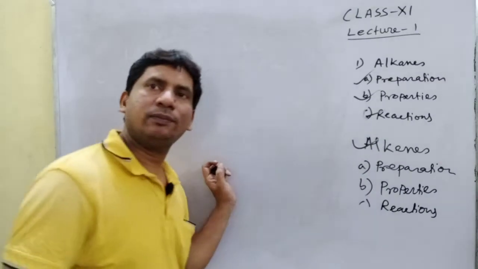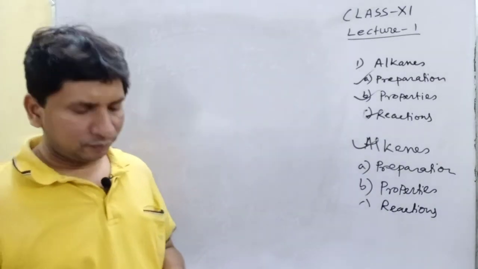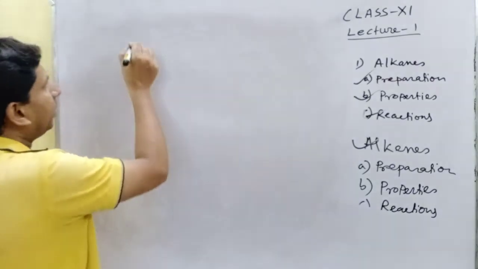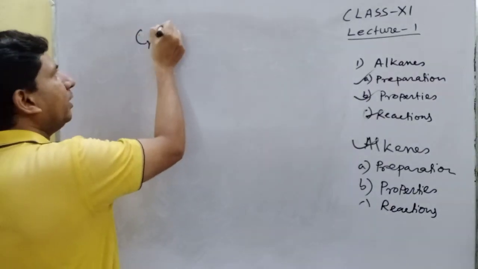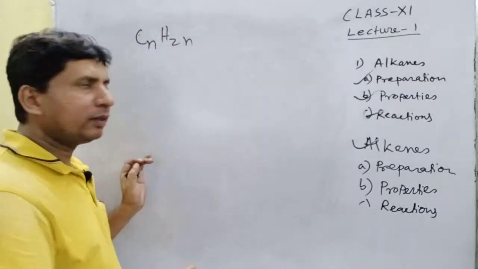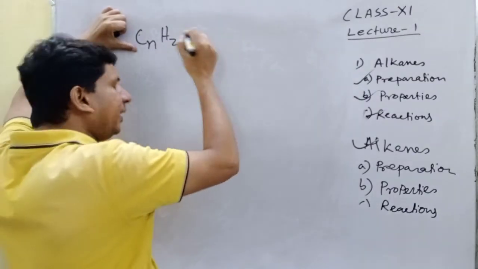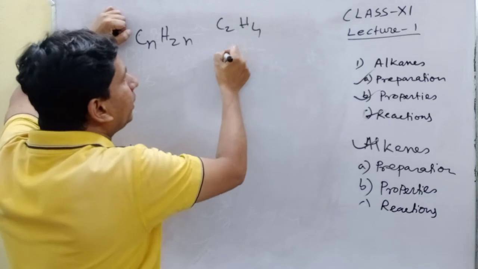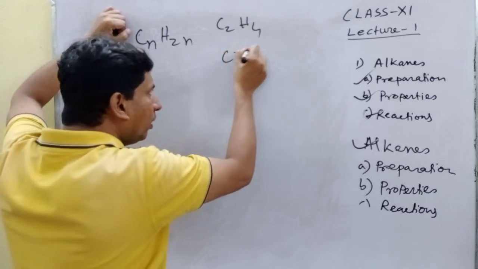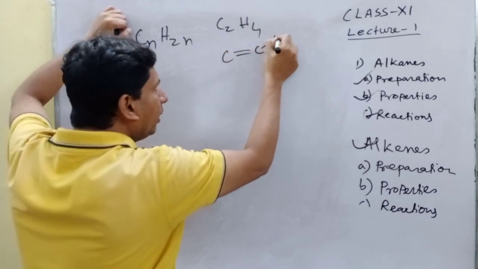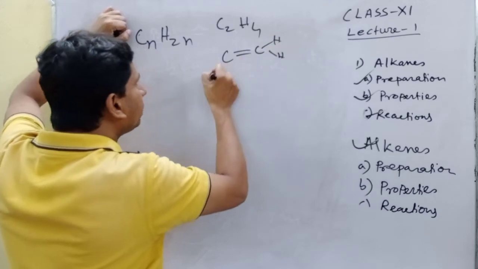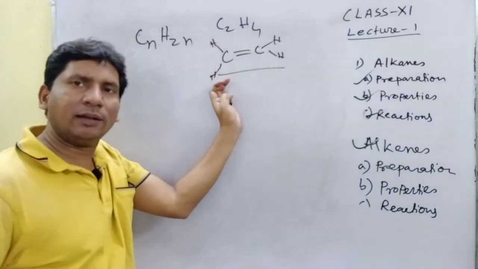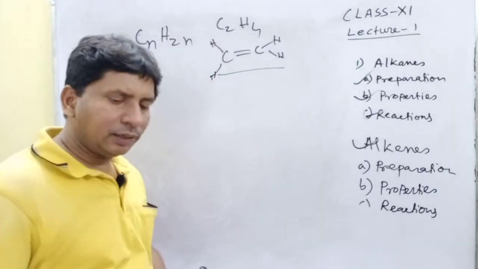Now alkenes. What are alkenes? I already discussed the general formula of alkene, CnH2n. That means if n is 2, then we get C2H4, that is C double bond C, which is ethylene, also called ethene.